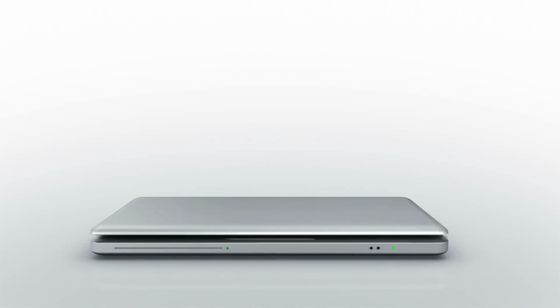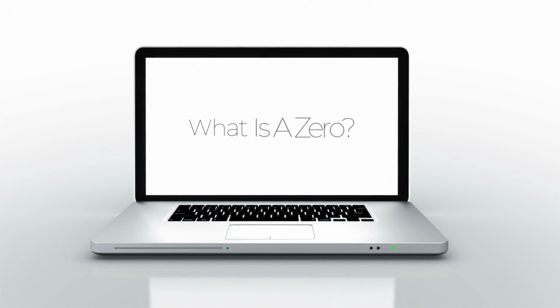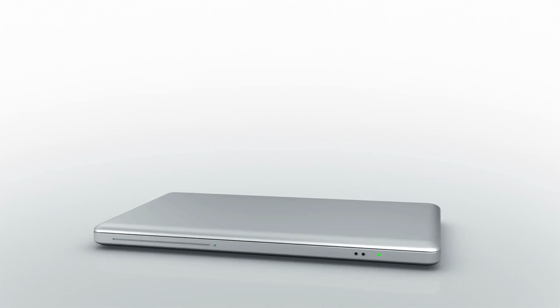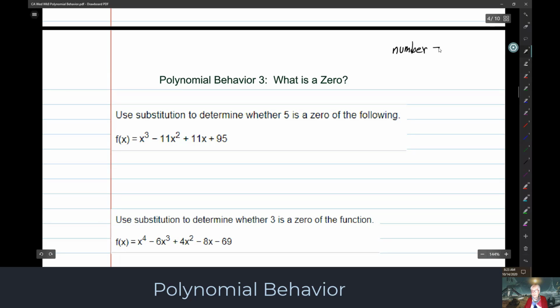You're going to hear the word zero a lot, and we are not talking about the number zero. Well, we are sort of, but not directly. A zero is something completely different. A zero is a number that makes f of x equal 0.